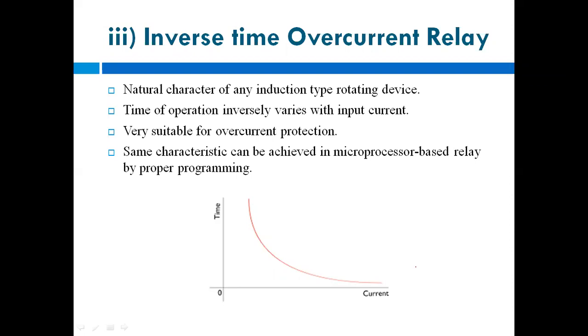If that value of current is 50 ampere and we set that value, then after that only your relay will operate. If the current value increases, your relay will operate faster. We can do the time setting also. So in microprocessor based relays, by proper programming we can use the same characteristic.